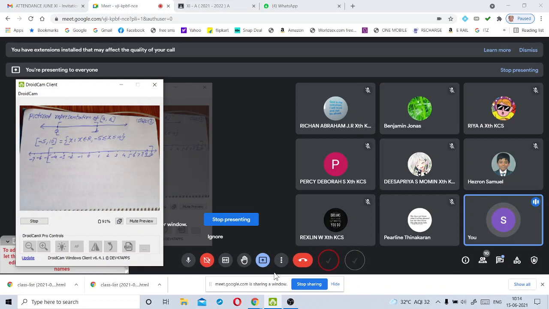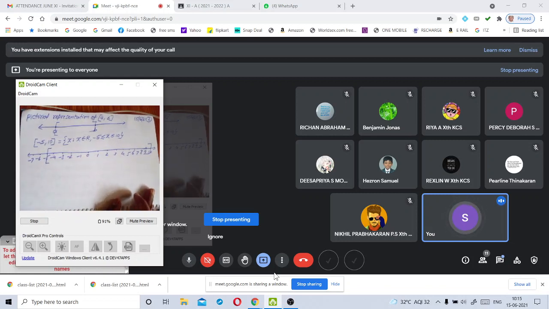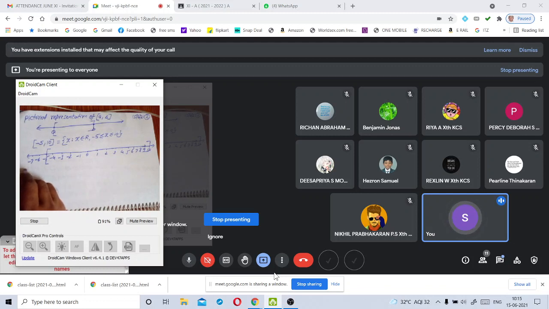Not only these numbers, but in addition to these numbers, 0.1, 0.2, 0.3, there are infinitely many real numbers. And the second interval is called the open interval. This is read as open interval.